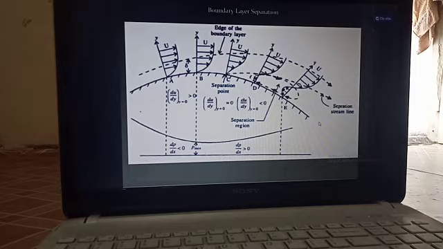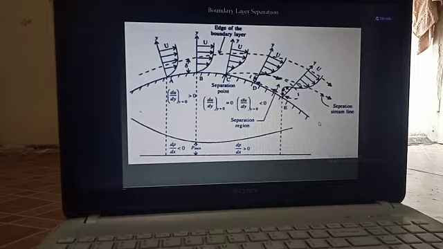In the region from B to E, there are 4 stages. The first is where the velocity reaches the free stream velocity U. Then next is point C, where the velocity gradient becomes less, and point D is the point at which the fluid particles get separated from the boundary layer.